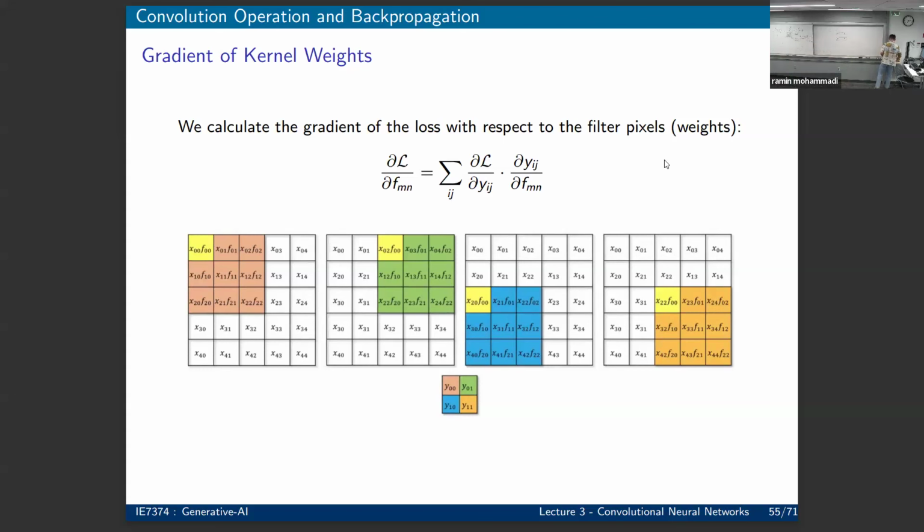Let me check the formula correctly. I think dilation is S minus 1, if I'm not wrong. S is your stride, right? It should be in your other booklet.